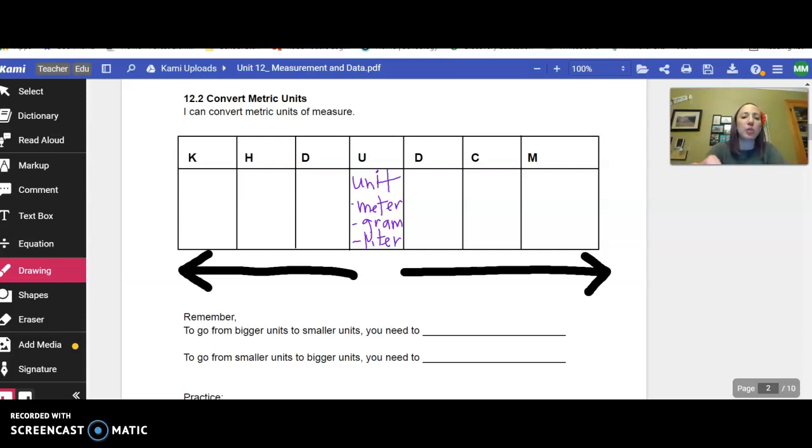Now, the important ones we're going to focus on. This one, we'll see the C, which stands for centi. It's like centimeter, centigram, centiliter. You don't usually hear as much. The M is milli. It's like milligram, millimeter, milliliter.